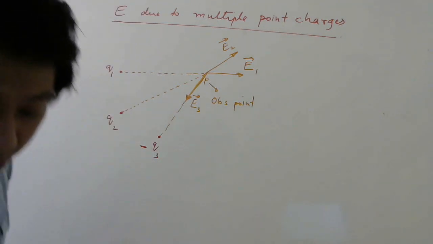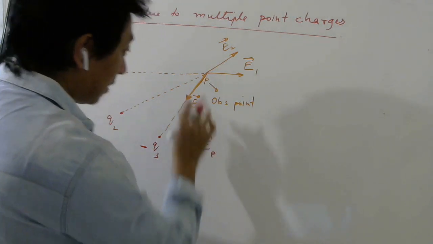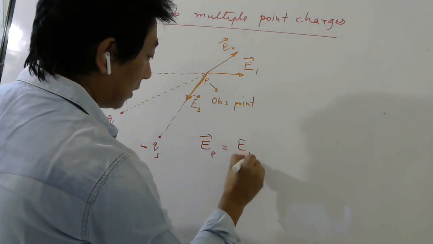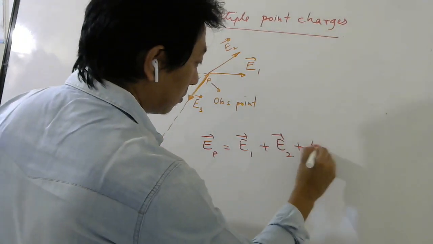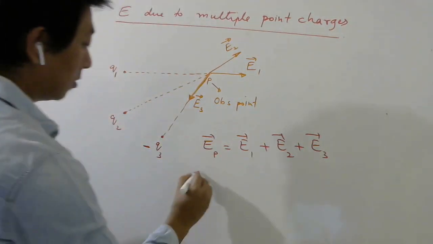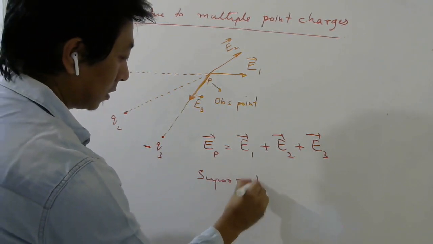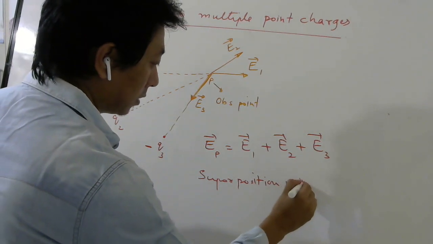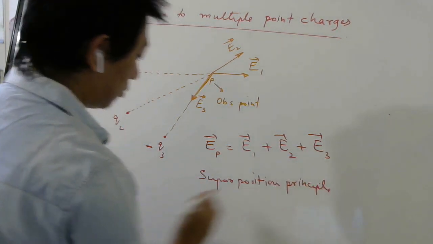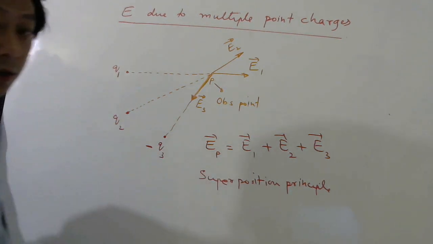So at the end I should write: resultant electric field at P will be the electric field due to Q1 plus due to Q2 plus due to Q3. So this is your superposition principle.